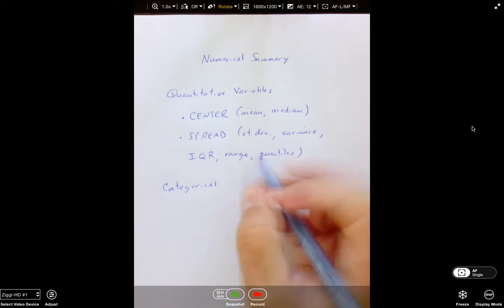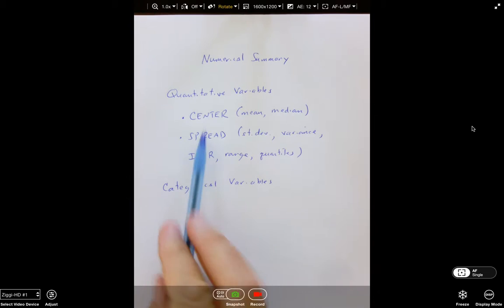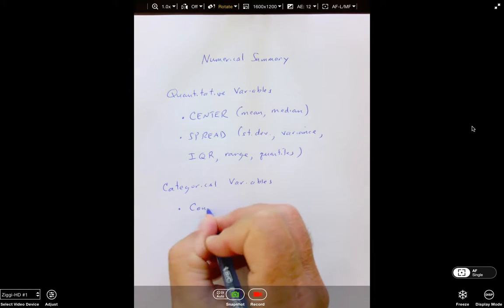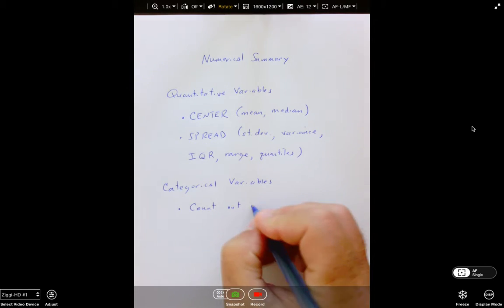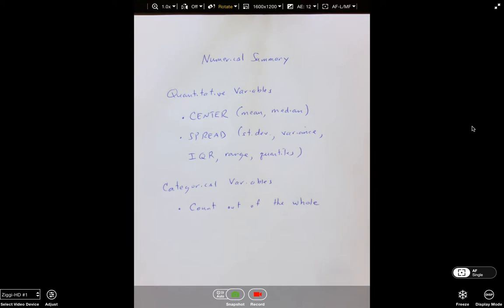Categorical variables. Well, we don't make center and spread statements. We just make one statement, right? We make a statement about the count out of the whole.